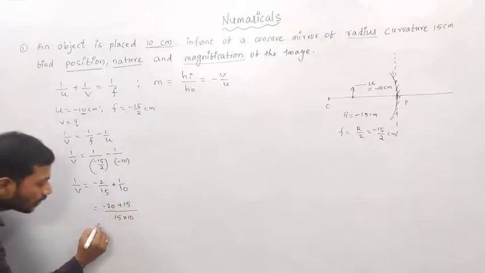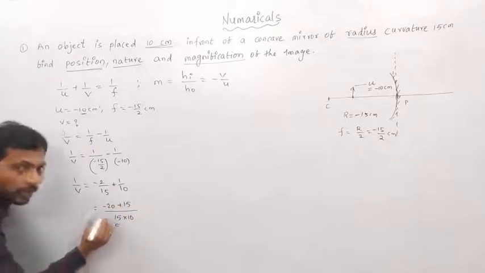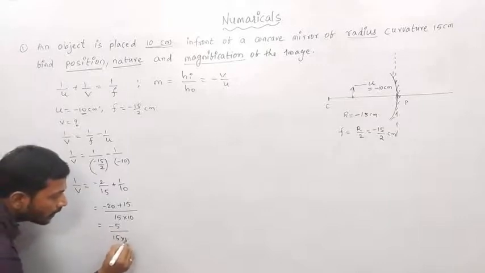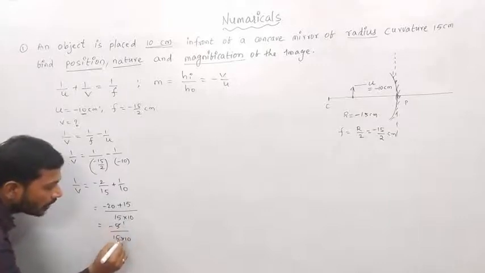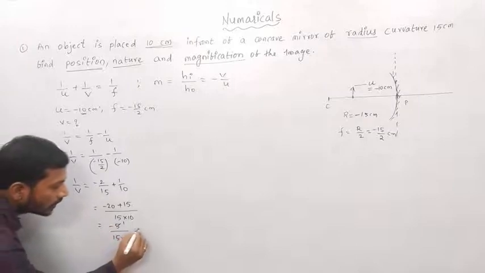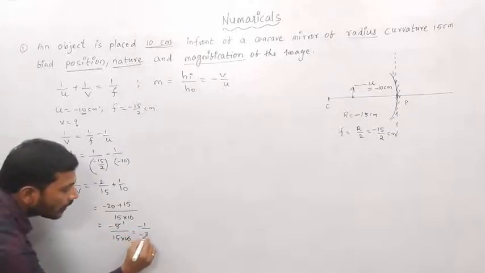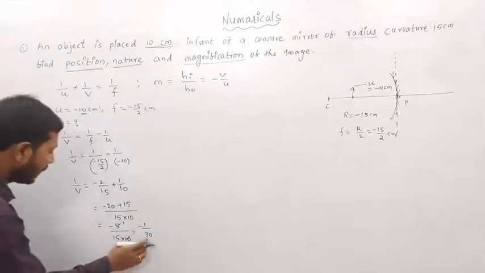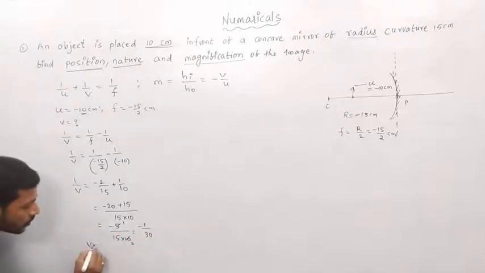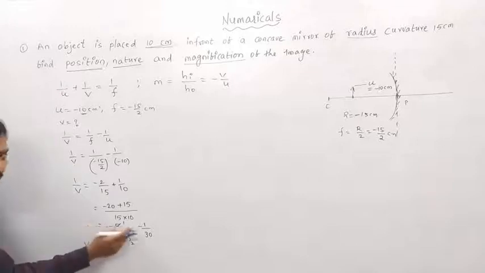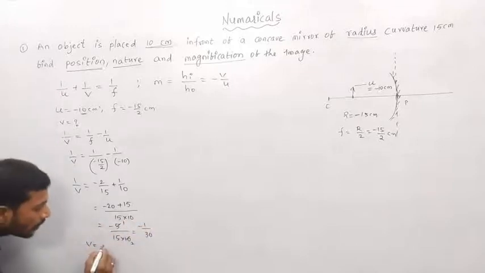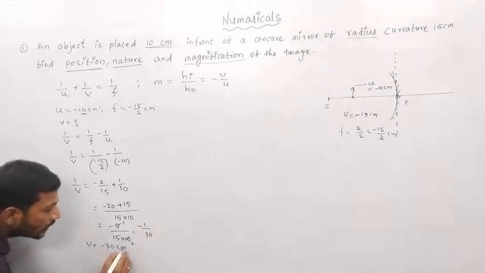Then the answer, I hope you got minus 5 by 15 into 10. 5 ones are 5, 5 twos are 10. Then minus 1 by 30. That means 1 by v equals minus 1 by 30. Then v equals minus 30 centimeter.